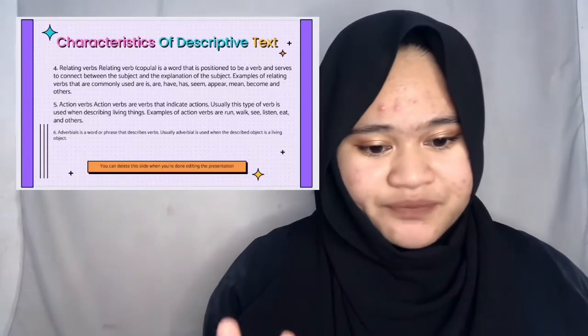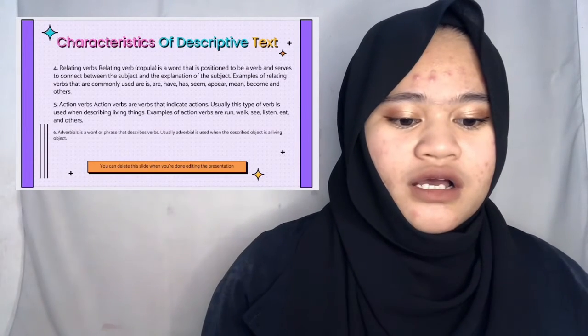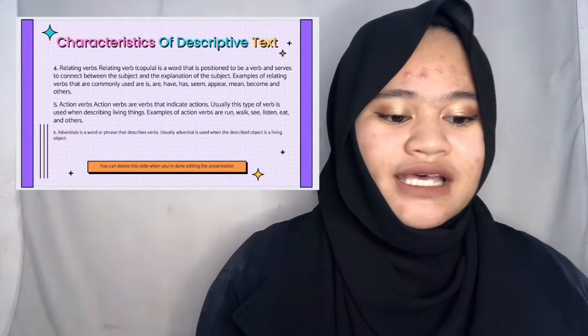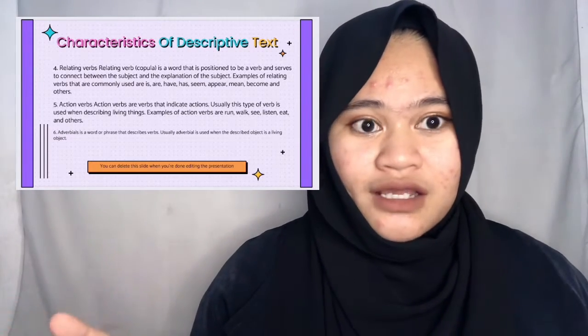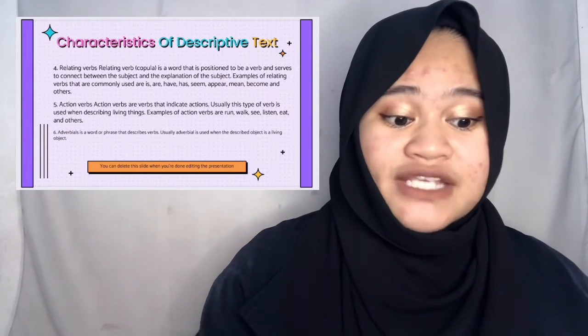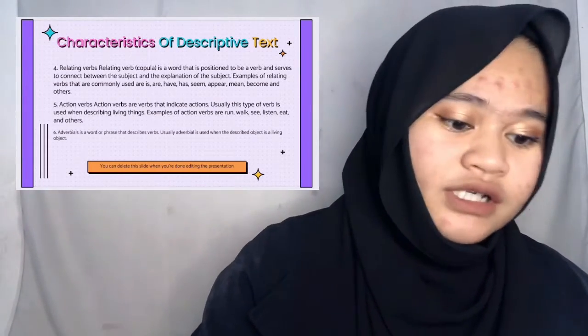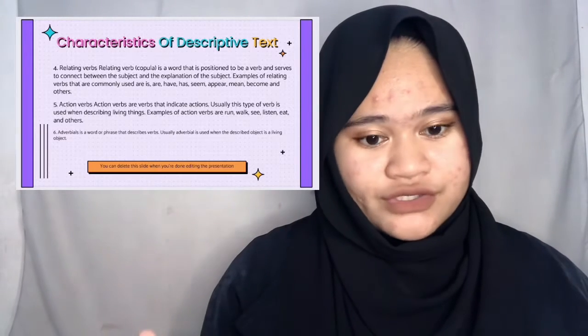And fifth, action verb. Action verbs are verbs that indicate action. Usually, this type of verb is used when describing living things, for example running, run, walk, see, listen, eat, and others.